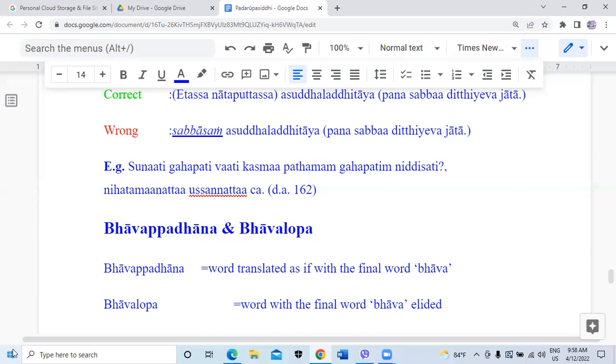Many householders became monks, went forth. Those who were householders and went forth are many. That's why Osanata.